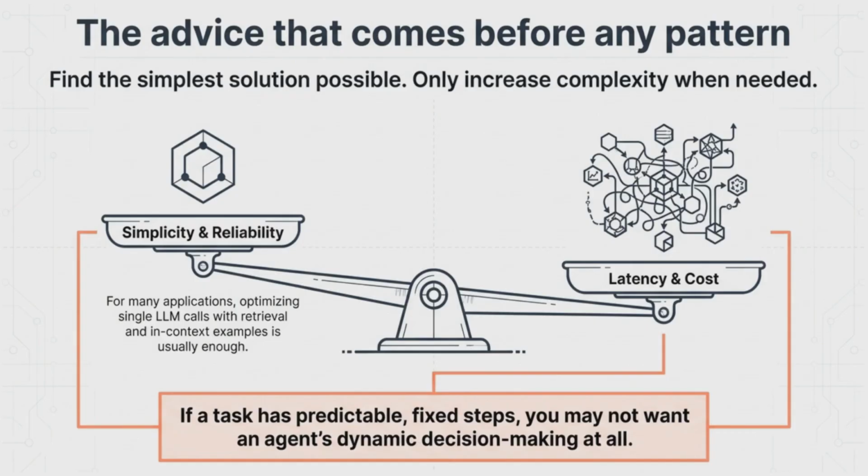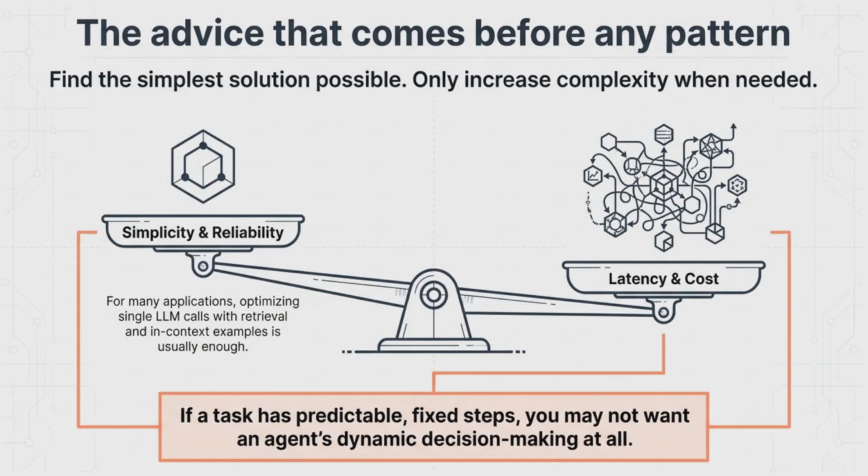The advice that comes before any pattern. Before a single pattern, here is the load-bearing principle. Find the simplest solution possible, and only increase complexity when needed. Agentic systems trade latency and cost for better task performance, and that trade is not always worth it. For many applications, optimizing single LLM calls with retrieval and in-context examples is usually enough.